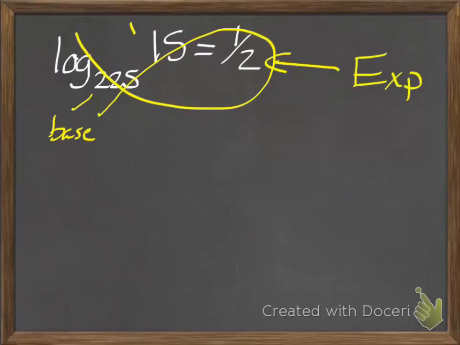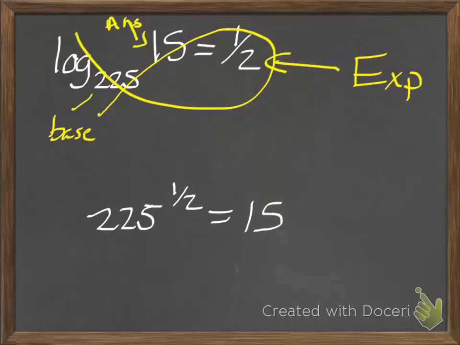And this will become my answer. So that means the base of 225 raised to the 1/2 power equals 15. Check in your calculator, does that work? 225 to the 1/2. Is that 15? Yes. Because remember, the 1/2 power is a square root.